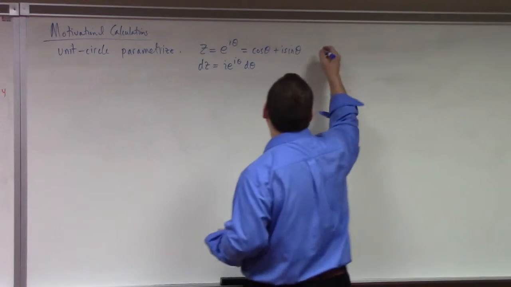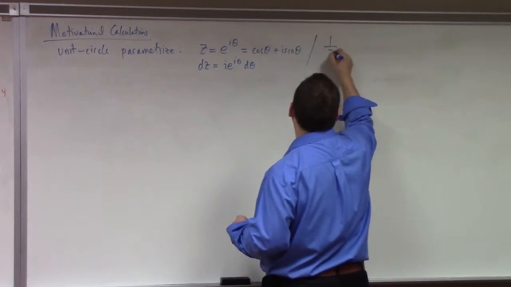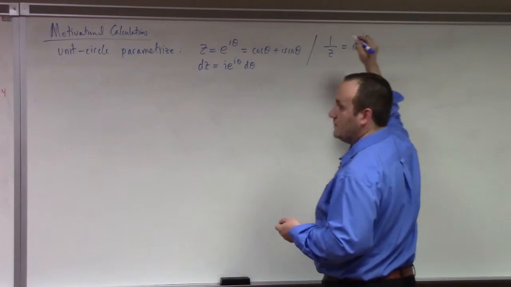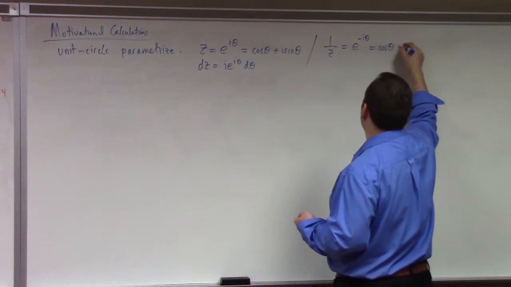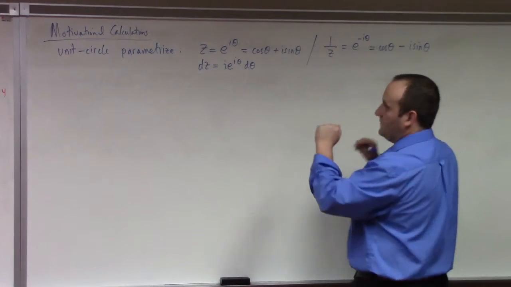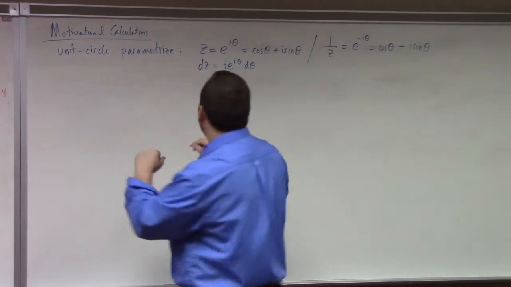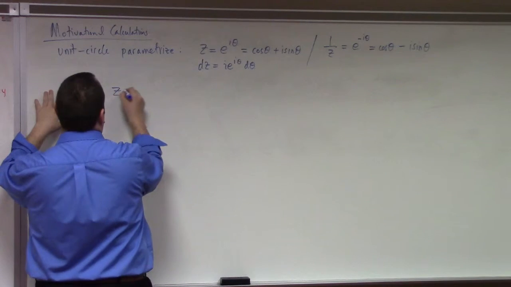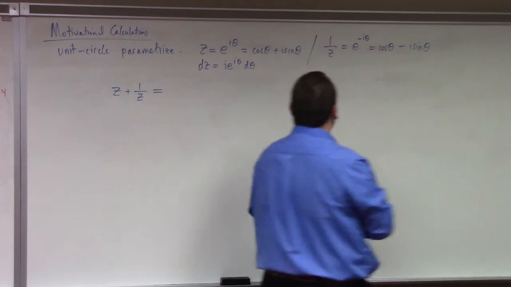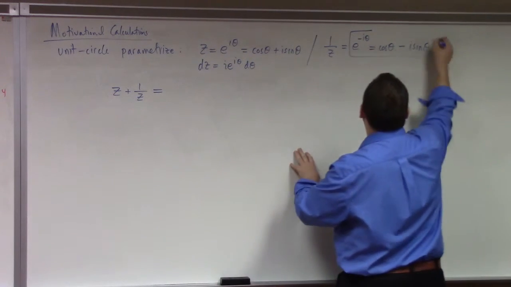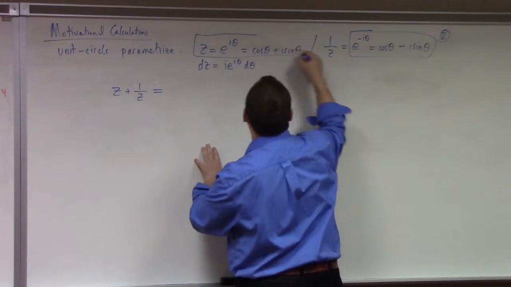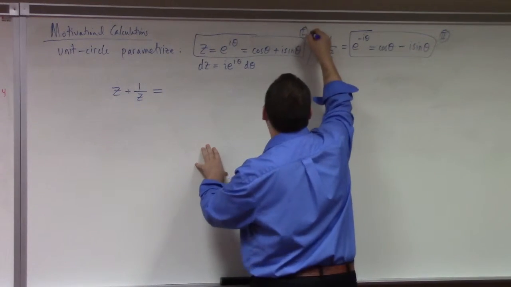How about 1 over z, what's that equal to? e to the minus i theta, right? Which would be what? Cosine theta minus i sine theta? So if we wanted to solve for sine and cosine from these relations, what would we get? What's z plus 1 over z? So focus on this, let's call this 2, let's call this 1. If you add 1 and 2, what happens?